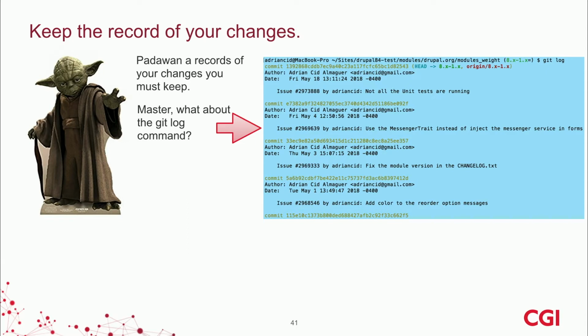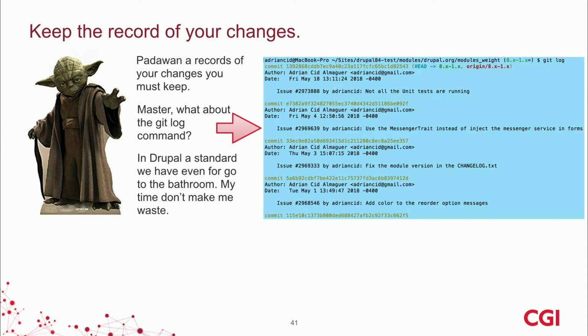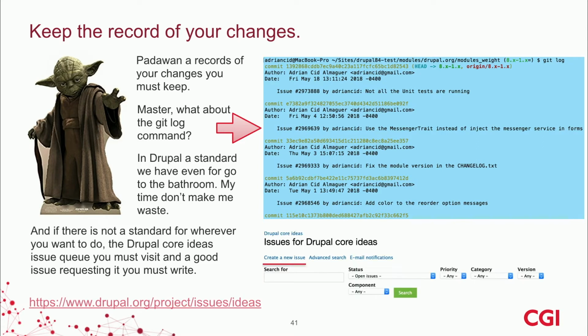This is the change record. Usually, people think that using the Git log, you will see all this information that will be helpful, but Drupal has one template for this that we need to use if we want to create a good Drupal change log file.